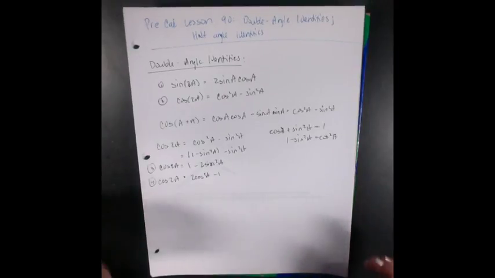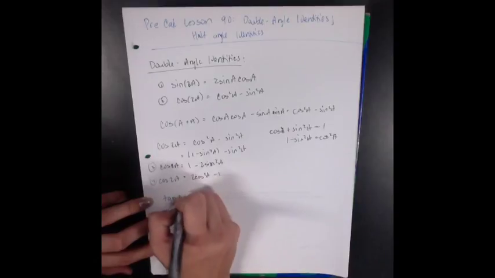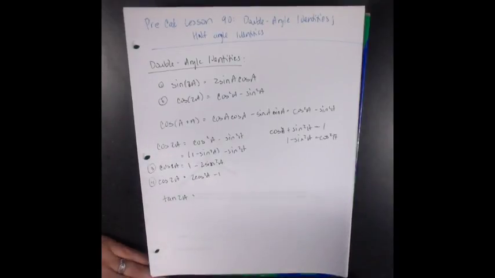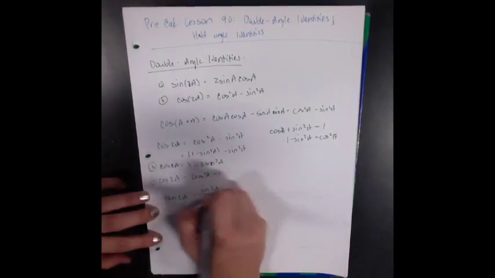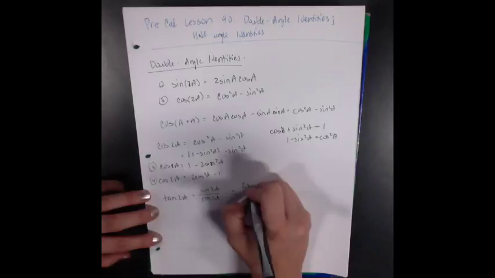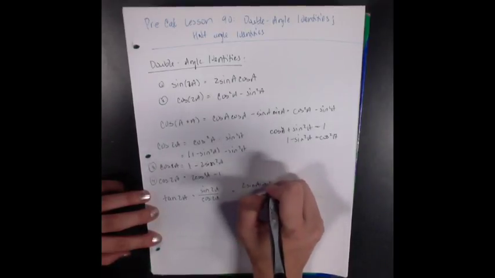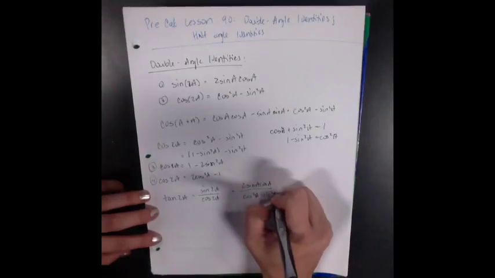Now let's develop the tangent double angle identity. So the tangent of 2a, we know, is the sine of 2a over the cosine of 2a, which we now know is 2 sine of a cosine of a over the cosine squared of a minus sine squared of a.